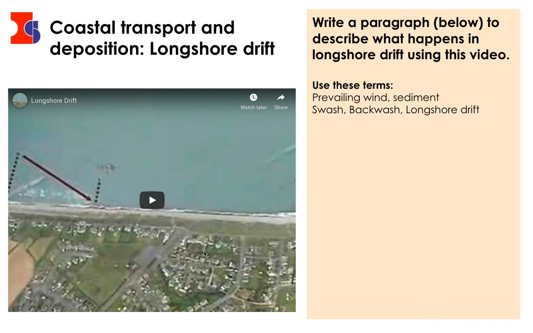The first thing you're going to have a look at is a video on the left-hand side, and you are going to look at the process known as longshore drift. This is the transportation process, or the movement of bedload material by the sea along the coastline.